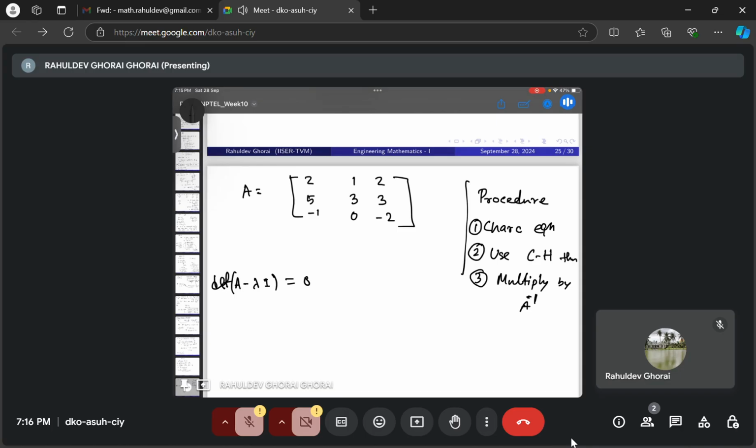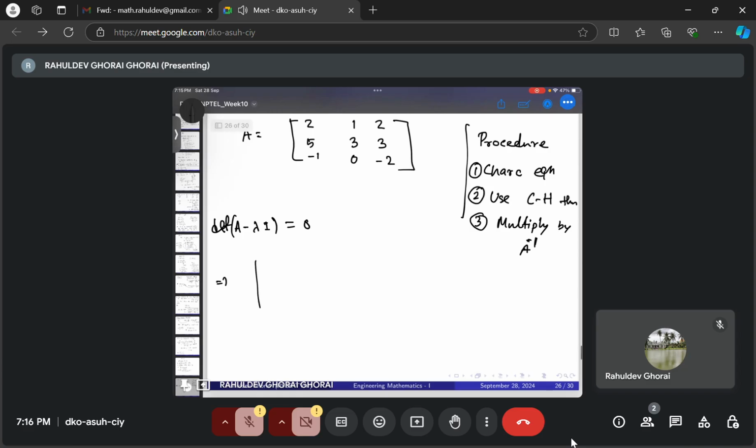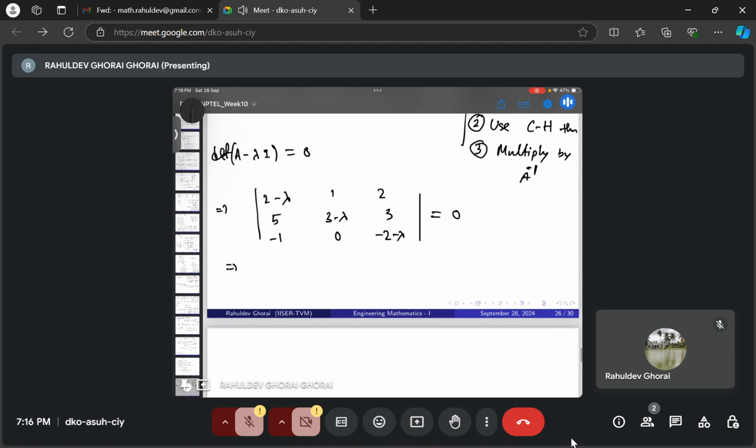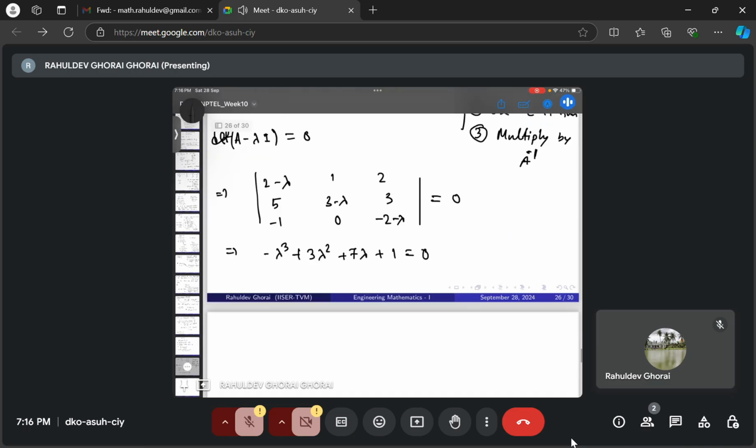So when we do that, that implies the determinant of [[2-λ,1,2],[5,3-λ,3],[-1,0,-2-λ]] is equal to 0. You can find that this will be lambda cubed plus 3 lambda squared plus 7 lambda plus 1 equal to 0. So you just check it, okay? Check.